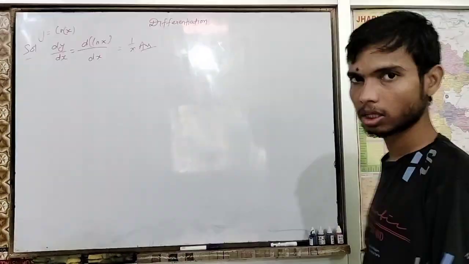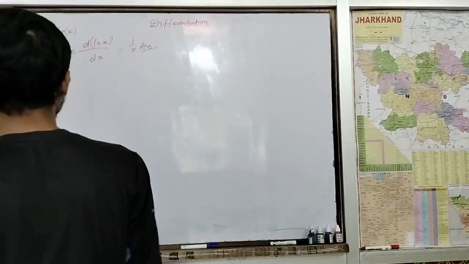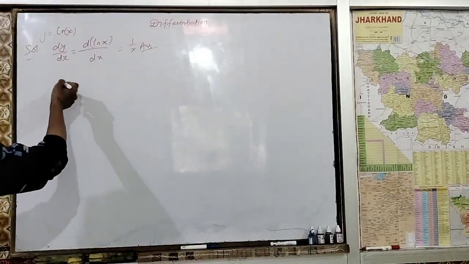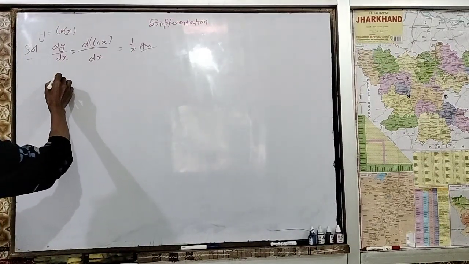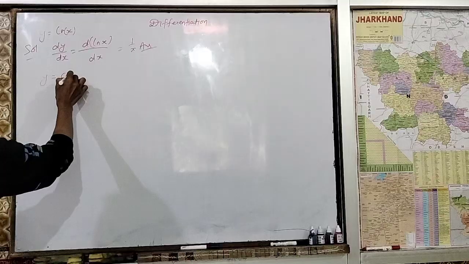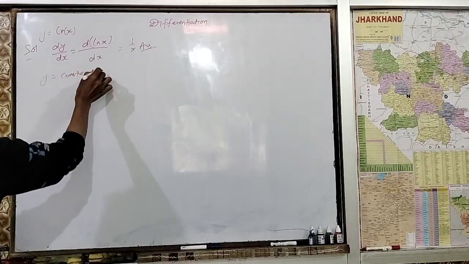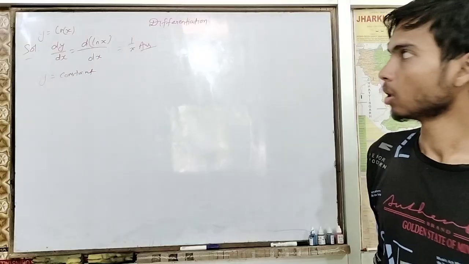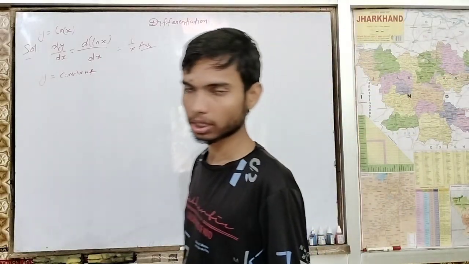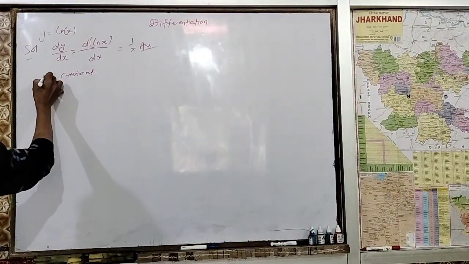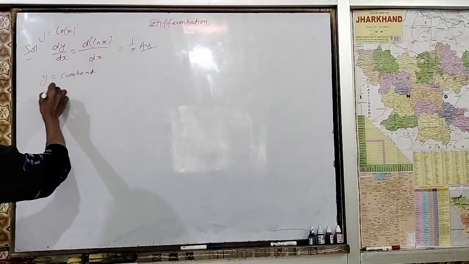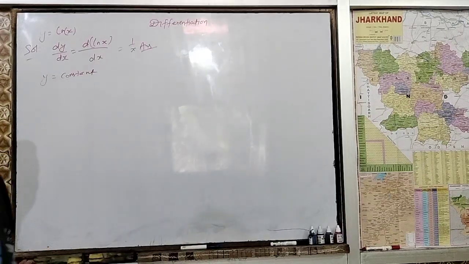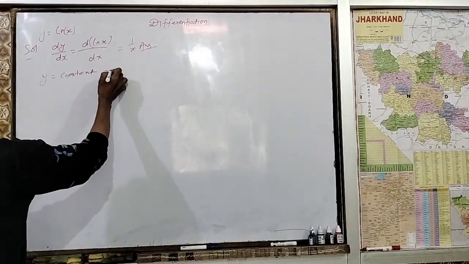So what did we say? Here we say that if y is a constant, whatever we saw, I am just repeating right now, in that case differentiation will be what? 0.